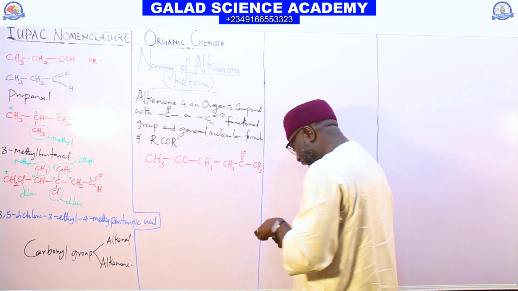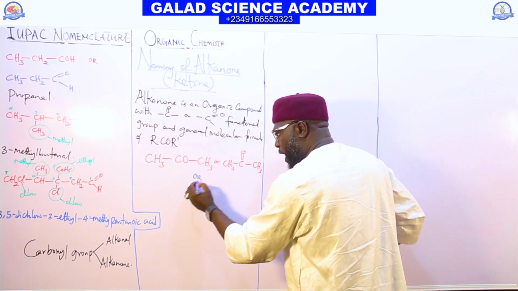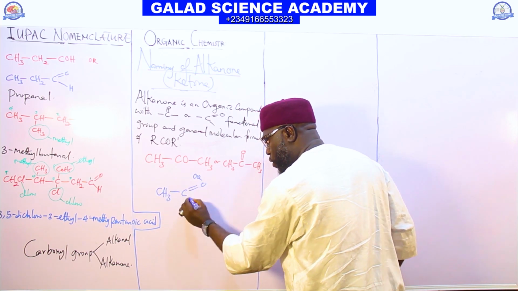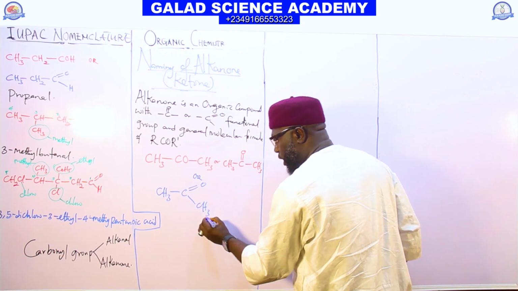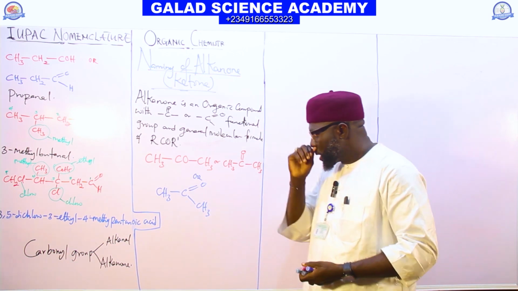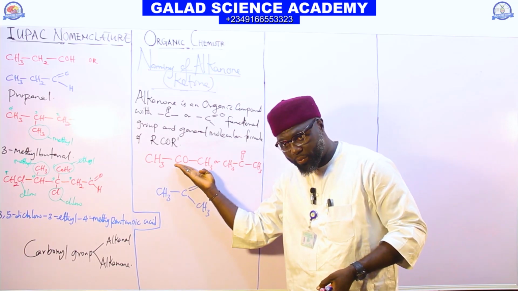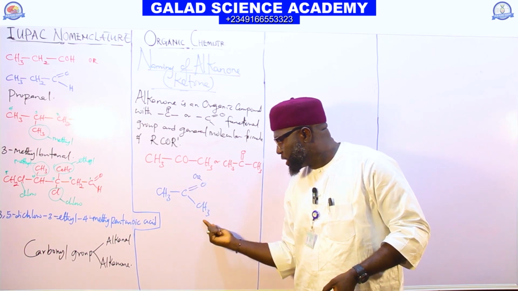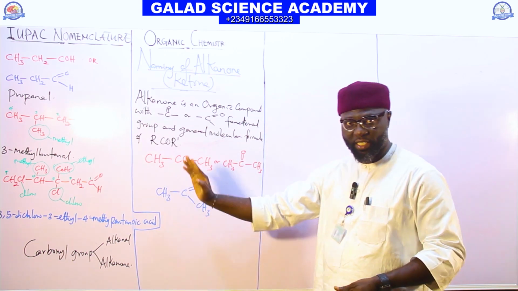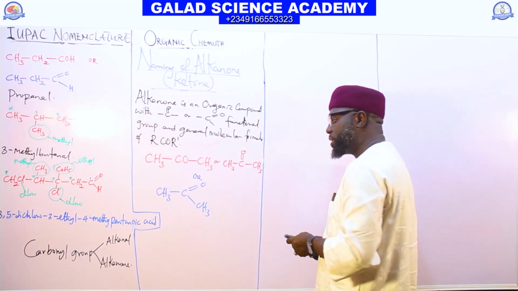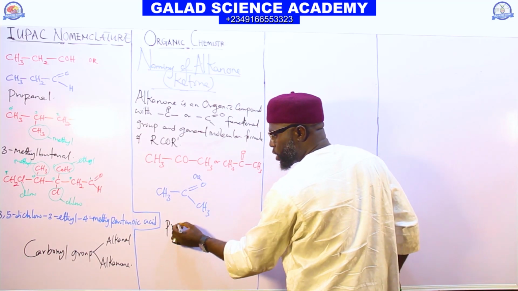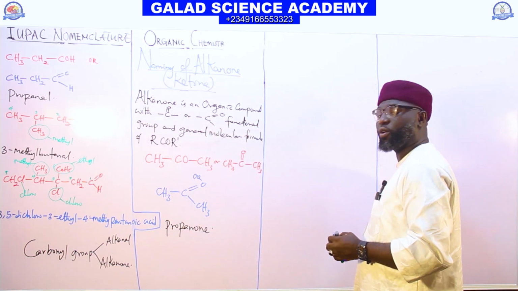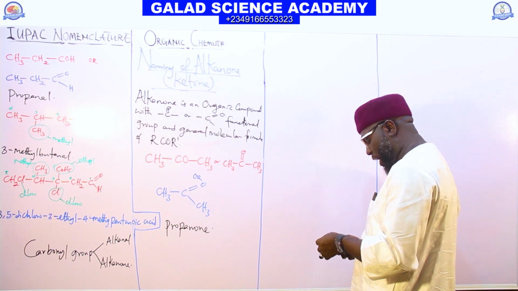Or I can also draw it in this form, CH3COCH3. If they give you it in this form, it is the same. In short, the name still remains propanone, which is the first family of alkanone.